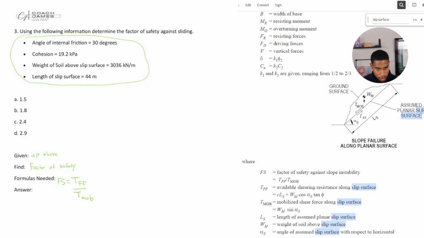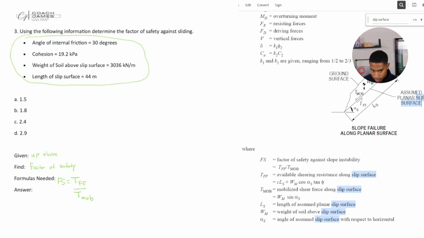Don't know if I do. 30 degrees, that's the friction angle. I don't believe that I do. So what I would do, just plug in a random one, or can we solve for it?